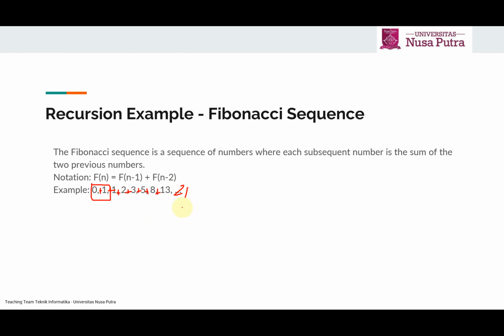So we can see this: 1 2 3 4 5 6 7 8 9, we have the 9th Fibonacci number. For example, the 4th Fibonacci number, counting 1 2 3 4. So that's an example of Fibonacci.